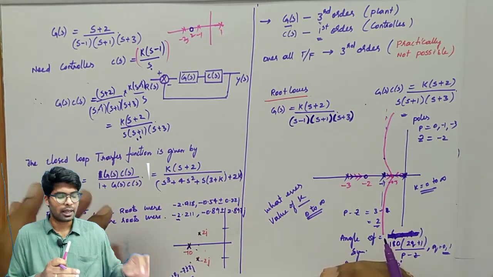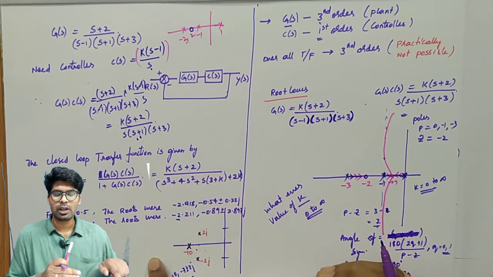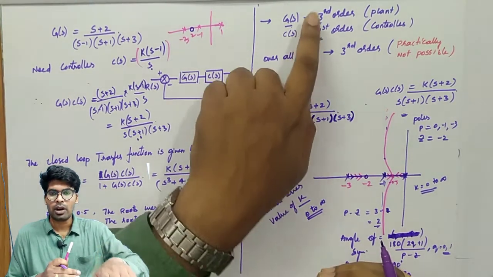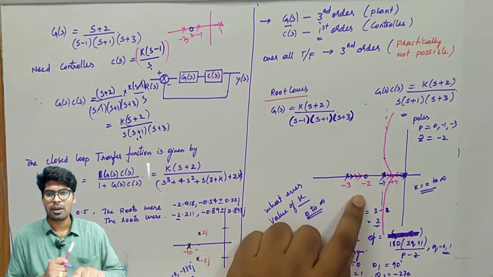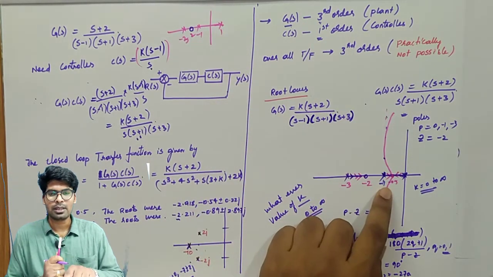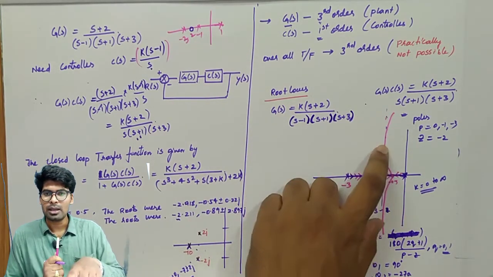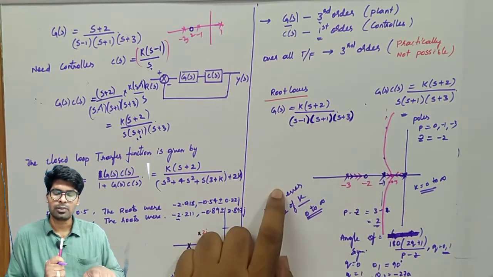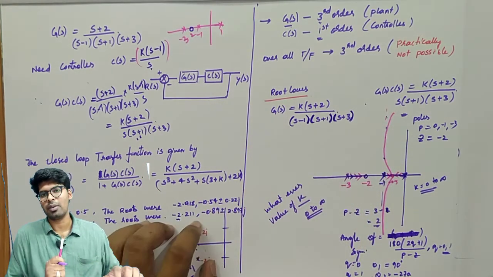I'll repeat again: the provision of pole location is not possible, and even the order is reduced. Another problem is that for k equal to 0 to infinity, the system appears stable, but practically it is not possible. Theoretically it is stable, but practically not.